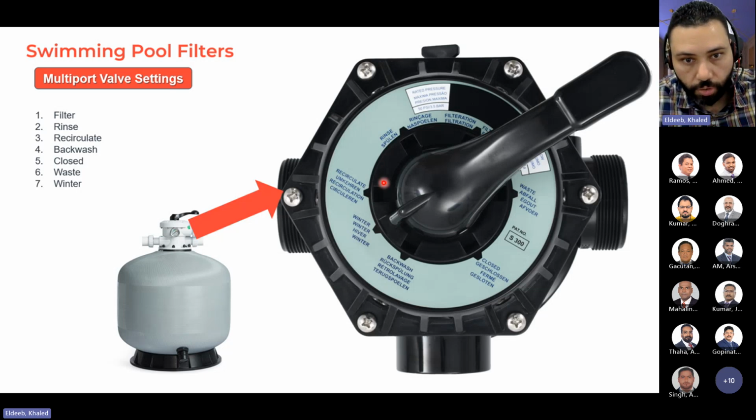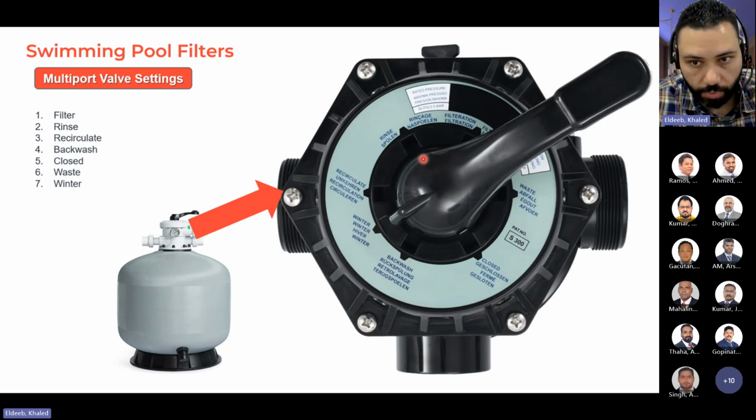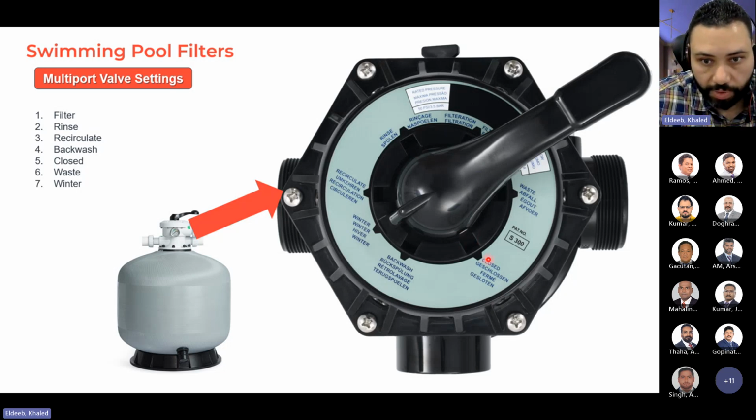These 7 functions are accessible through the multi-port valve, or we also call it a Dial valve, with the lever at the top of the filter. When you go there, you will find 7 positions. Once you turn your lever to one, it works with a different function.